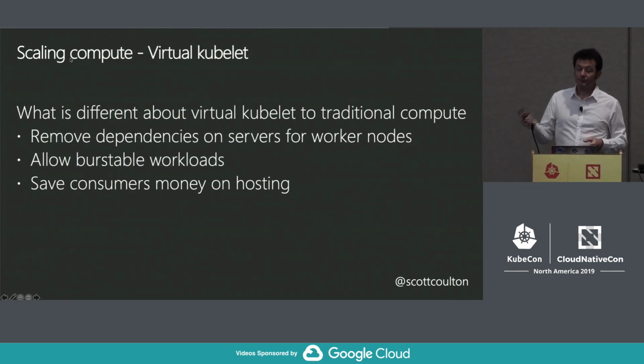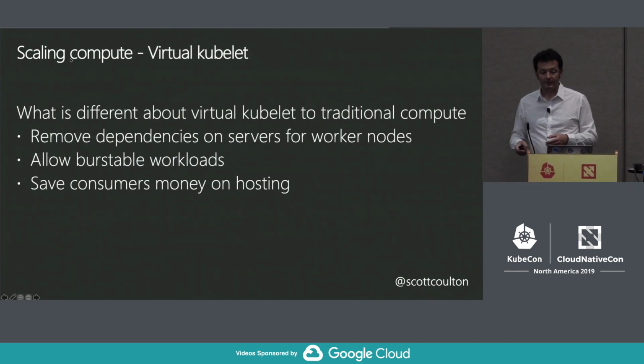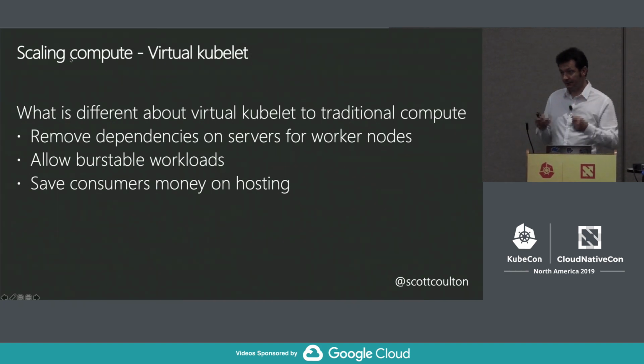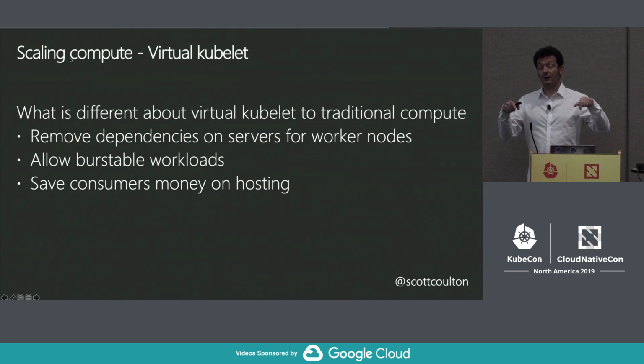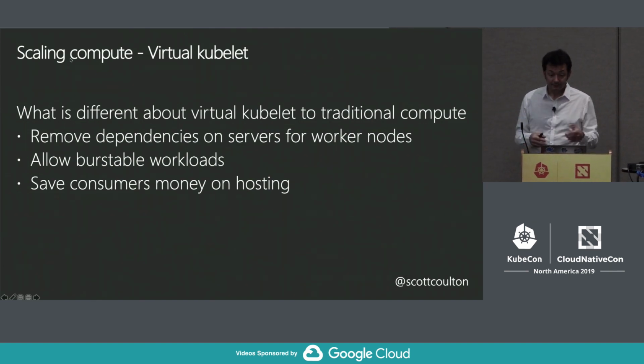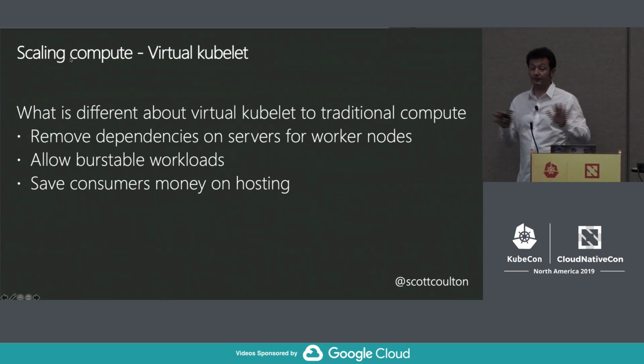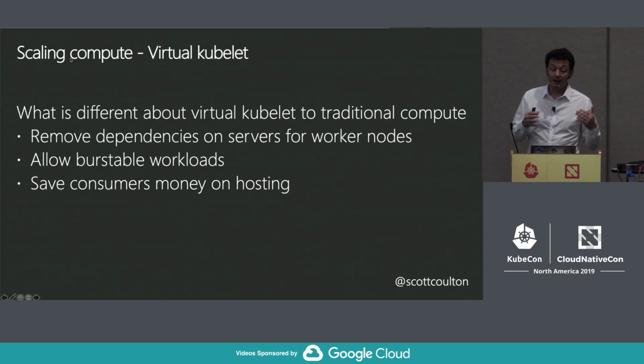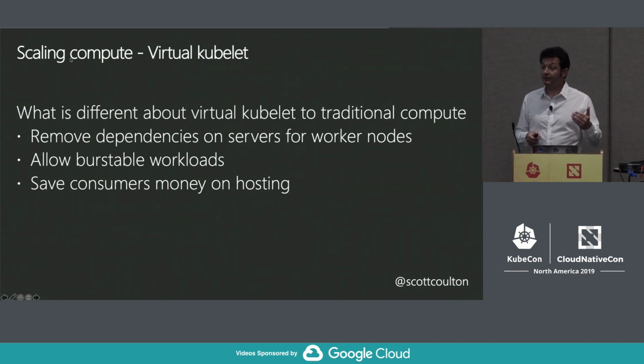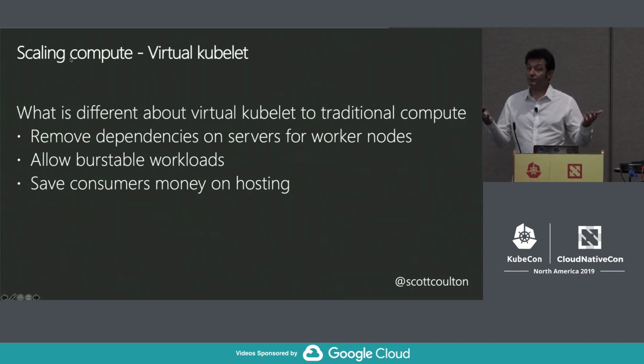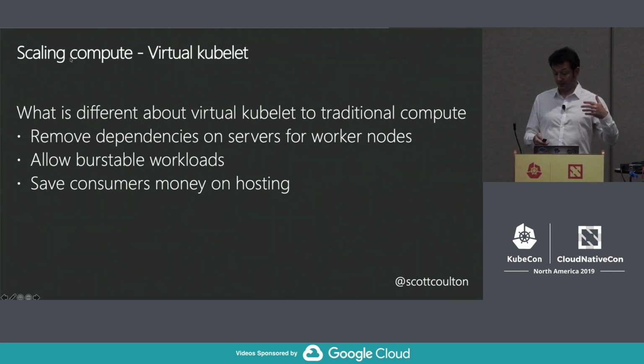Then Windows support was added in Docker, and so Kubernetes is still using that to schedule containers on Windows nodes. With a virtual kubelet, you just get rid of the dependency on server nodes, and you're just leveraging your cloud provider's APIs to provision virtual machines that correspond to one container.